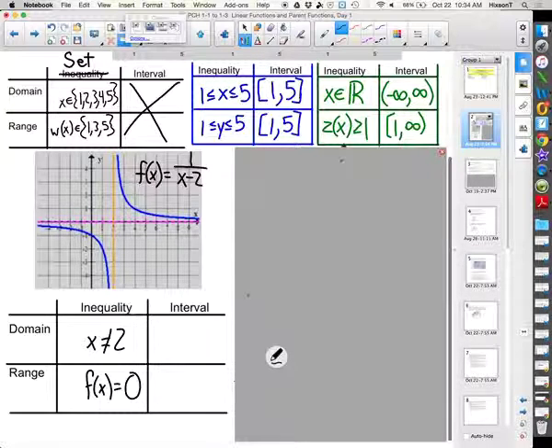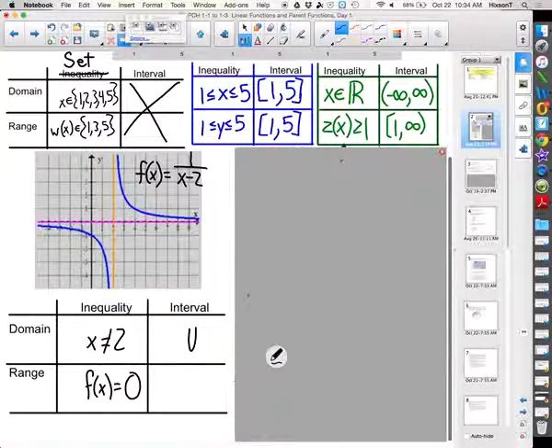Now, how would we write an interval when our domain is x does not equal 2? We're going to have to use 2 intervals with a union between them. What are the 2 intervals going to be?